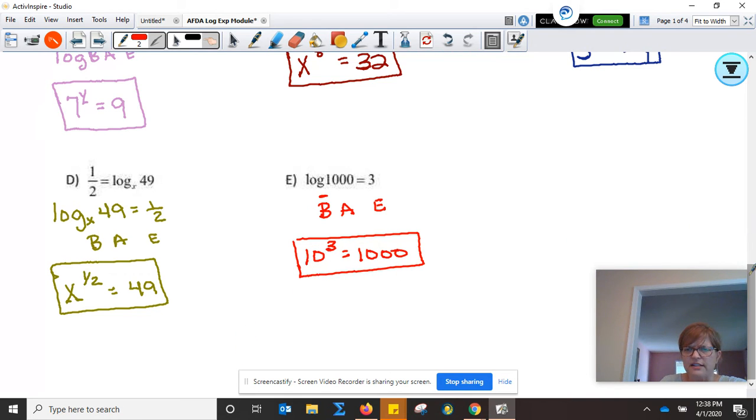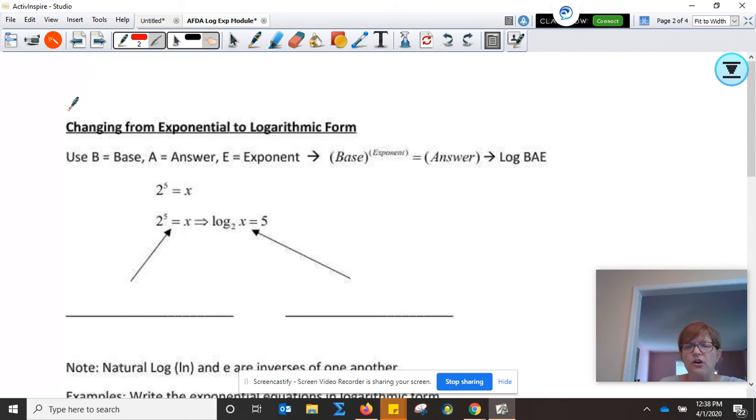Now let's go the opposite direction. We went from log to exponent. Now we're going to put the car in reverse and go from exponent to log. Using the same method, B is base, A is answer, E is exponent: base exponent equals answer, log BAE. So this is base, exponent, answer.